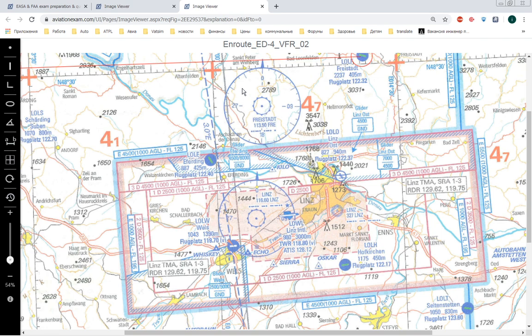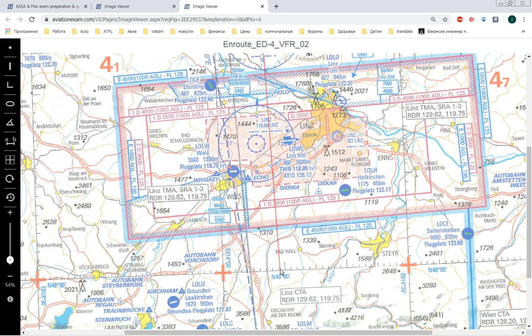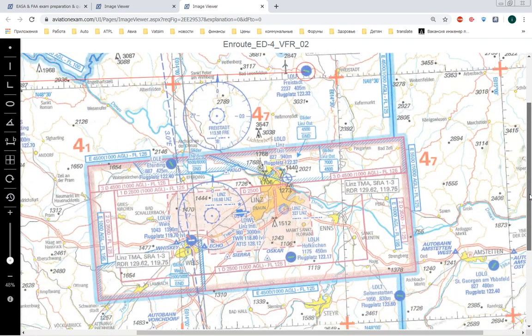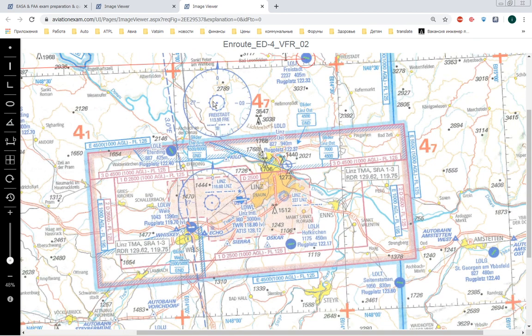So let's do it. First of all, we need to put somehow like this one. Just count these points: 1 2 3 4 5 6 7 8. Okay, let's do it here. 7 and 1 2 3 4 5 6 7. Okay, this is our true course.